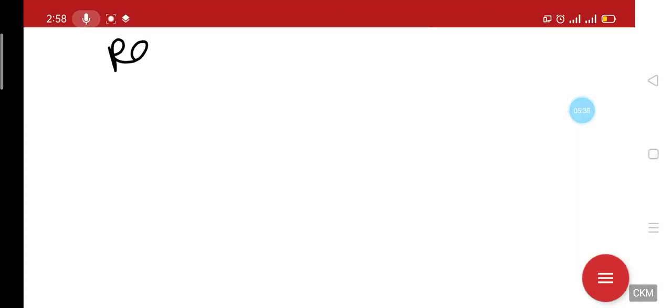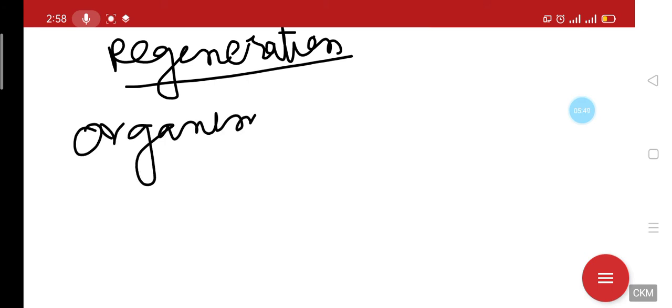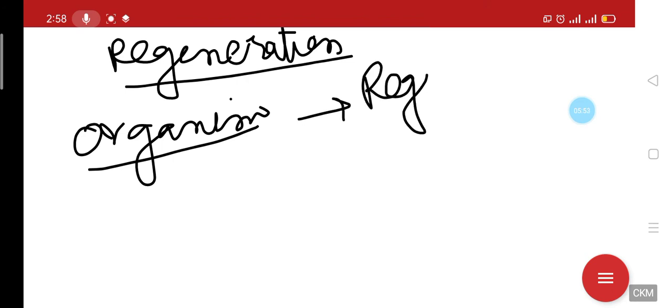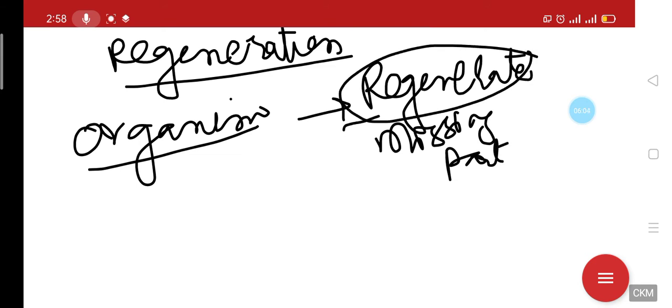The next important significance is regeneration. There are some living organisms which regenerate their missing parts. This regeneration is also helped by mitosis. You might have seen the lizard.